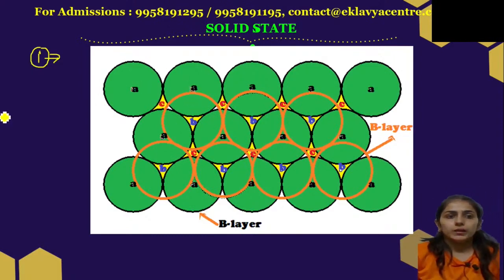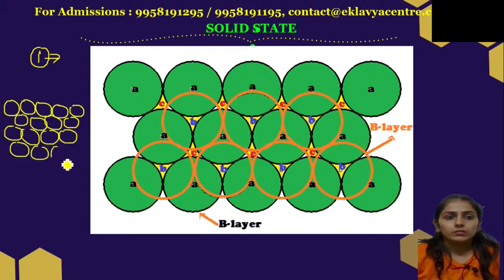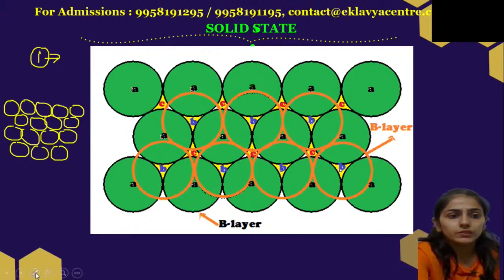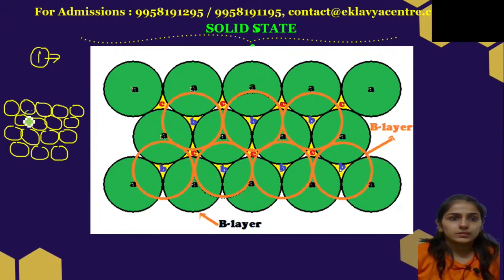see, this type of packing, suppose this is the first layer of molecules. For this hexagonal type packing, we are simply putting the second layer over the first, somewhat like this.